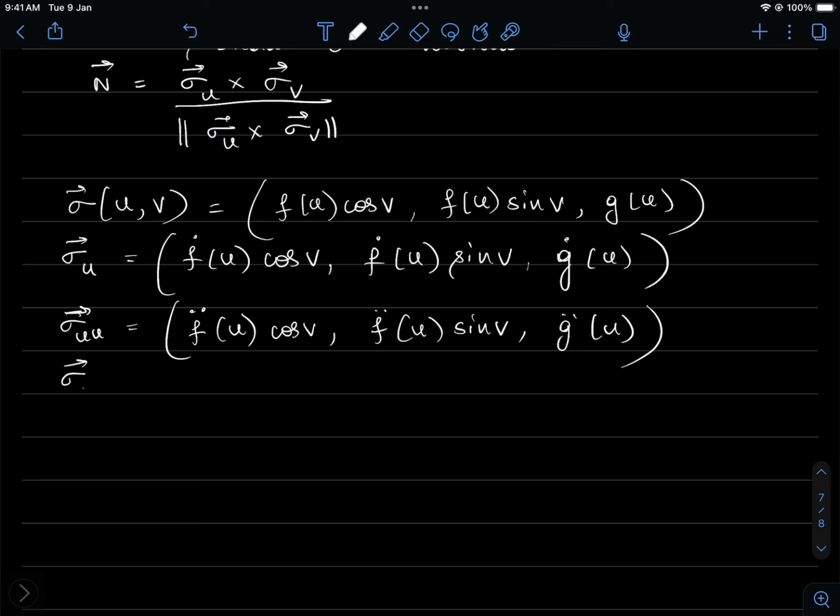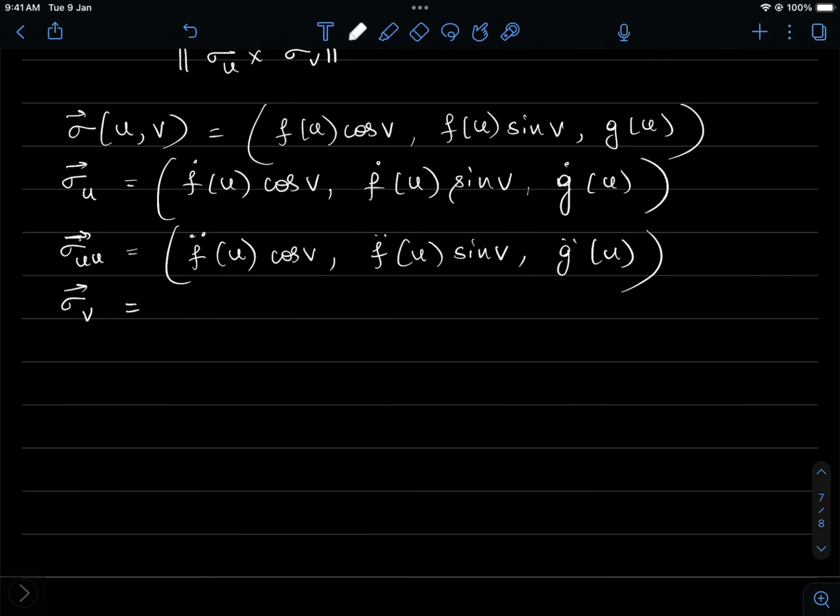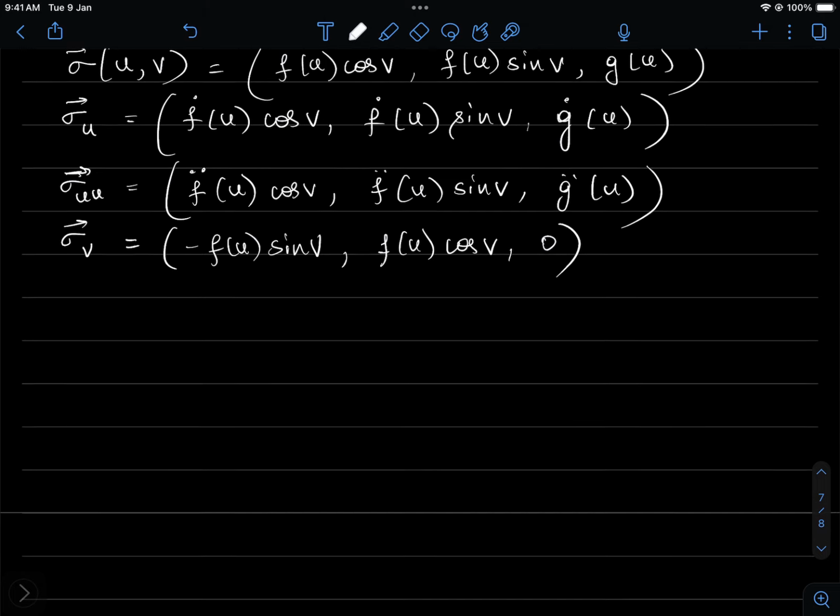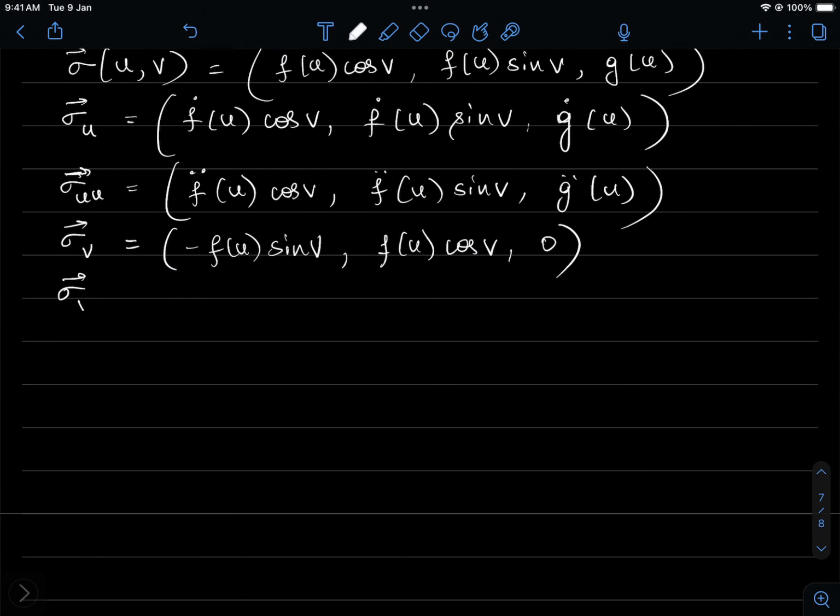Let's find out what sigma v is. Sigma v is minus f of u sin v, f of u cos v, 0, the first derivative with respect to v. The last component is 0 because there is no expression with the v variable. What is sigma vv? This is minus f of u cos v, minus f of u sin v, comma 0.